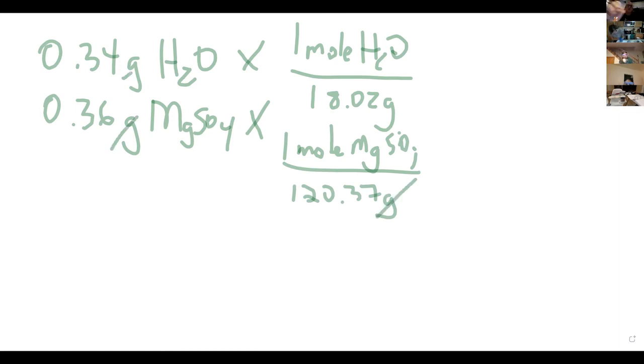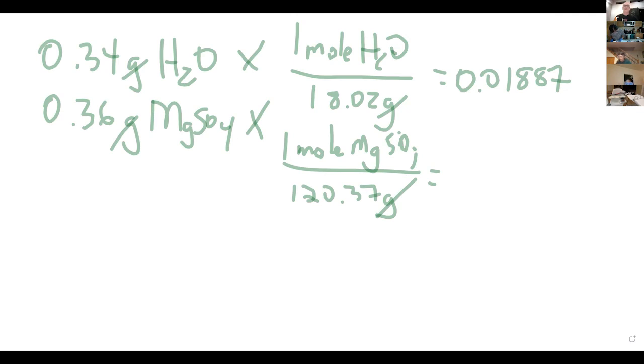Get rid of my grams. I've got moles. So 0.34 divided by 18.02 is 0.01887.